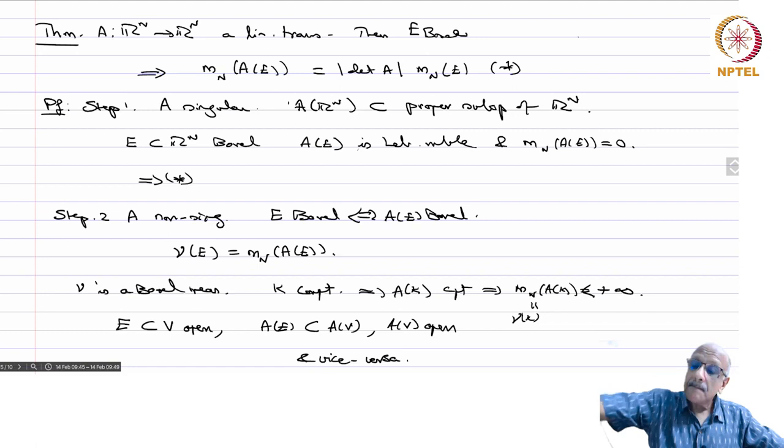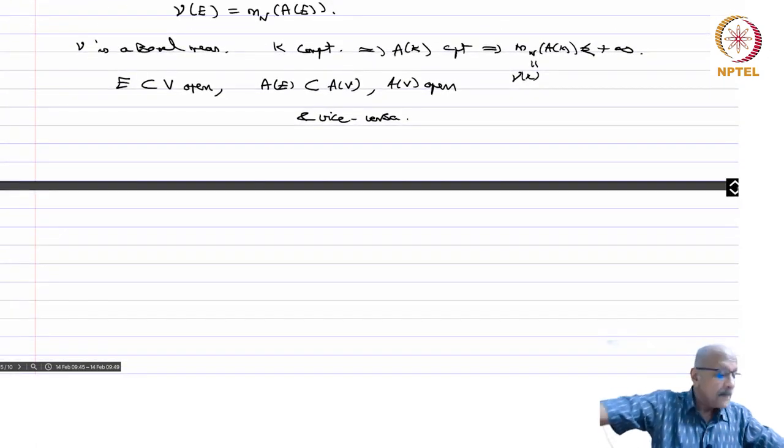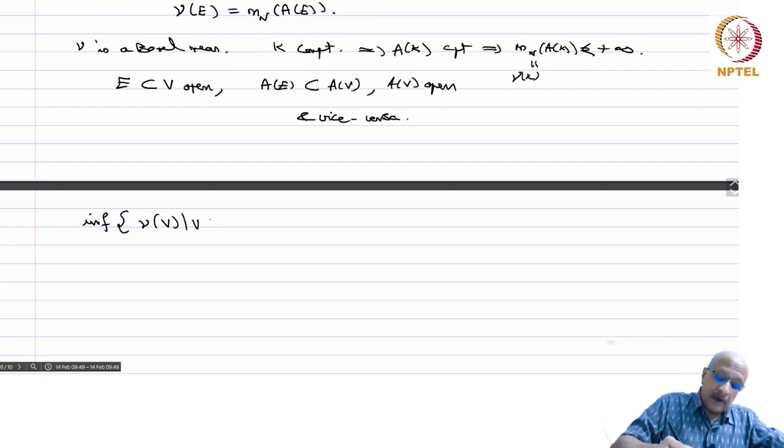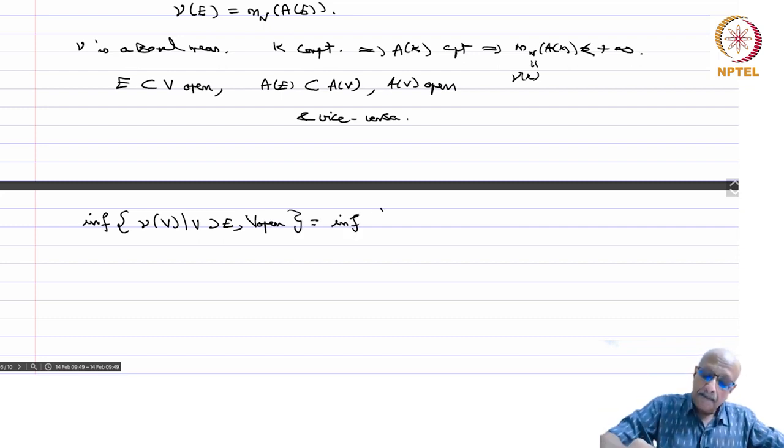Therefore, let us compute the infimum of nu of V, V contained in E, V open. This is equal to the infimum of Mn of AV, by definition, V contained in E, V open.